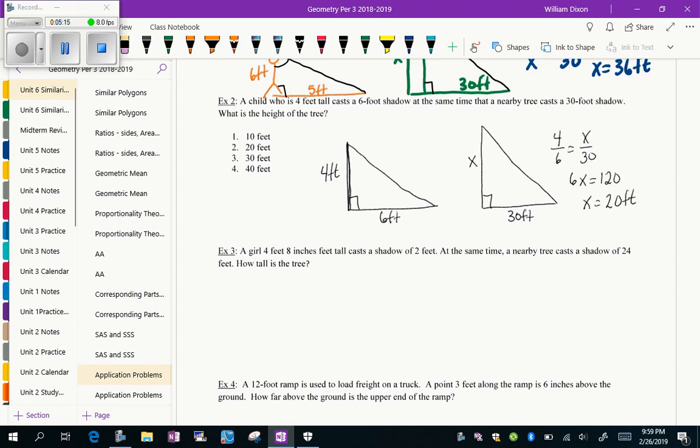All right, so let's start drawing the girl and her shadow. Her shadow is 2 feet, and she is 4 feet 8 inches. That's my triangle. And then I have my tree.